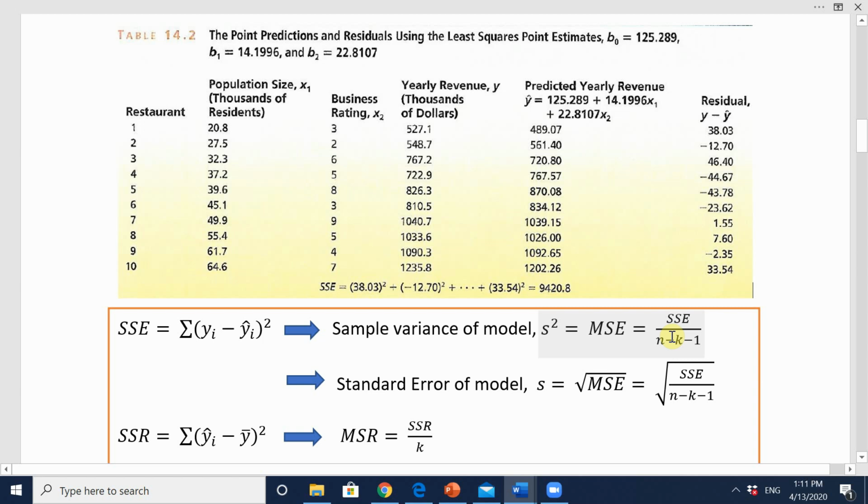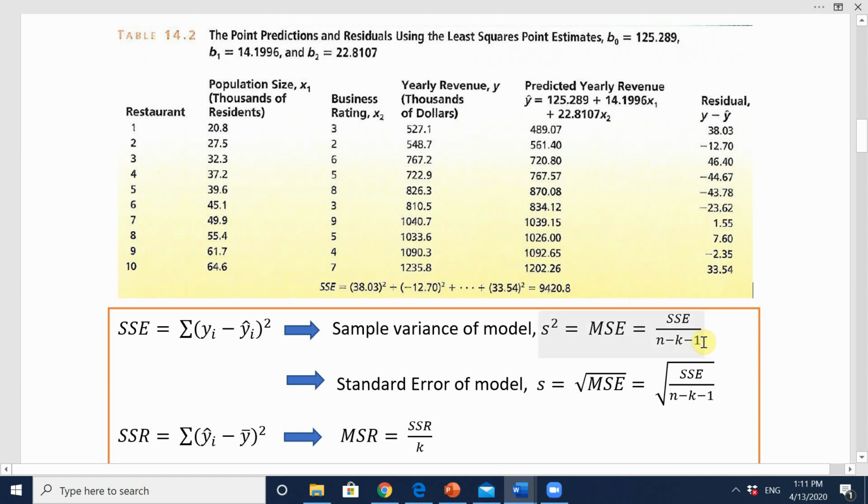Now let me just discuss very quickly what goes into determining MSE. So we've got here the sum of squared residuals divided by n, here being my sample size, so I've got 10 observations in my sample, minus k. K here is the number of independent variables that I'm using in my multiple regression. I've got here 2 independent variables, minus 1.